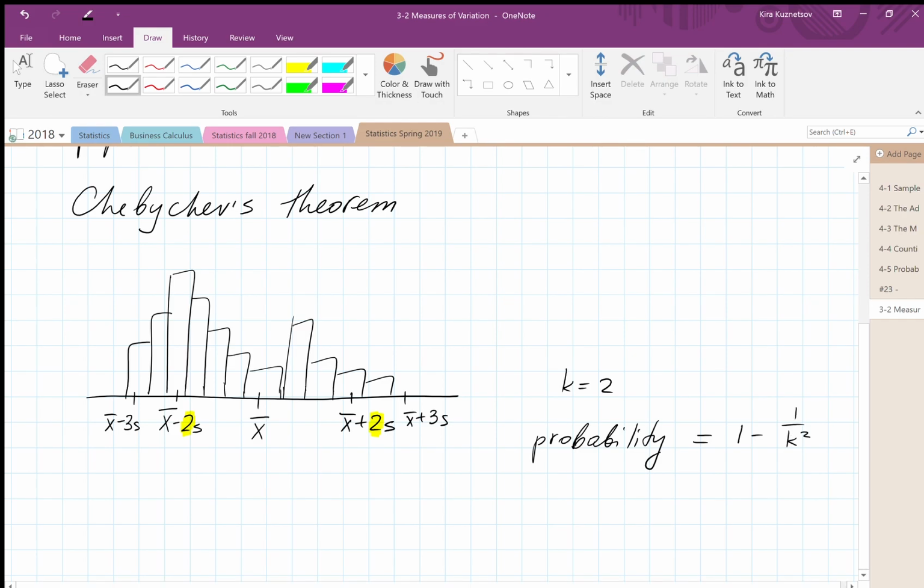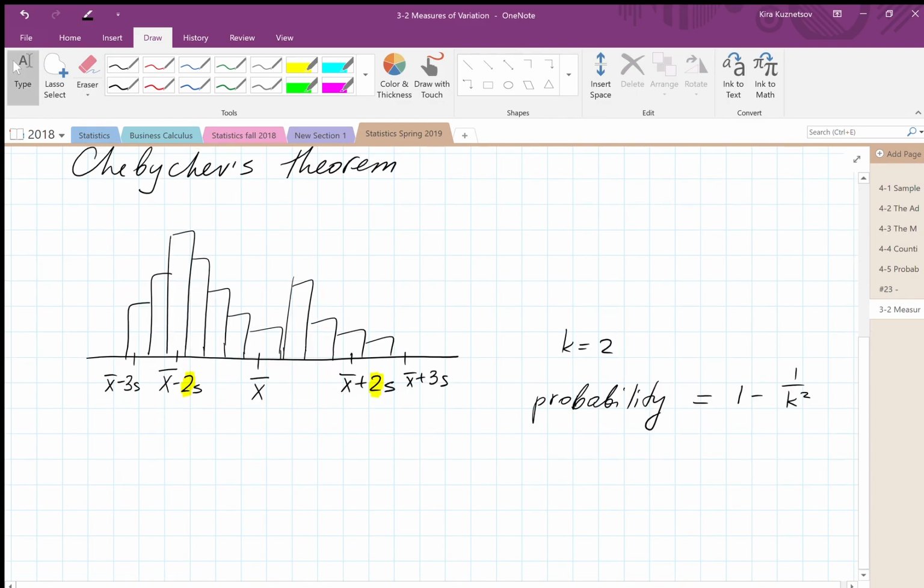Alright, let's see what we have here. If I set my k to be 2, I have 1 minus 1 over 2 squared. This is 1 over 4. 1 minus 1 over 4 is 3 over 4, which is written as 0.75.